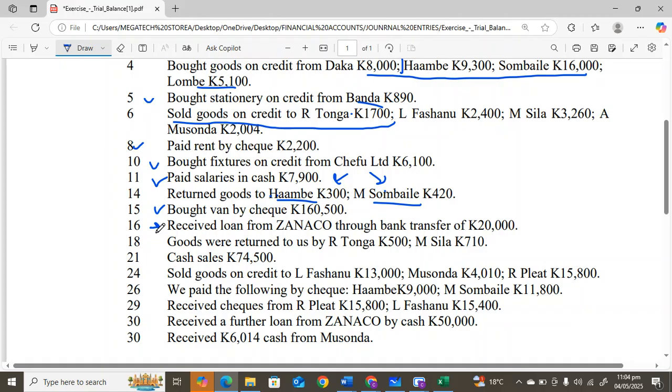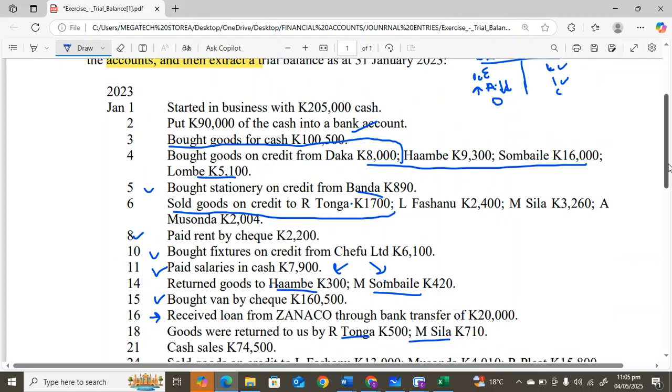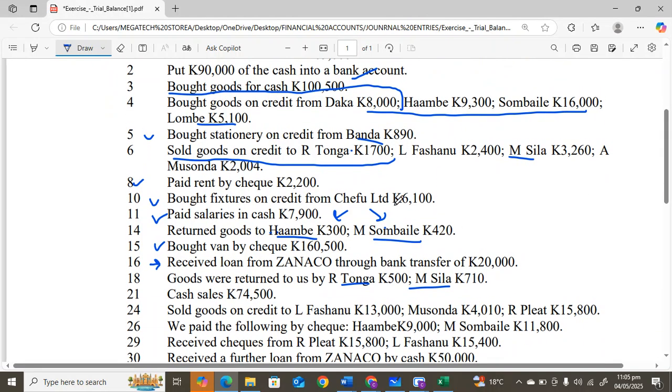Okay, the next one. Goods were returned to us by Aratonga and Msila. Remember these two people, what initially they bought from us on credit, right? So now they've brought back goods.